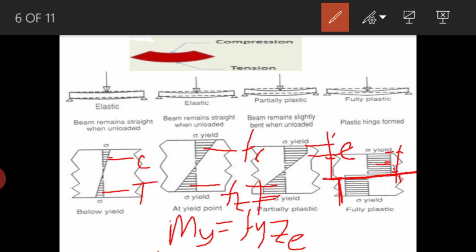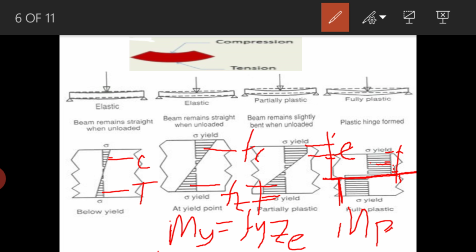And the time, as I said, has reached when all the fibers are subjected to yield stress, as shown in this figure number 4. The moment carried by the beam at this stage is known as plastic moment, that is MP.